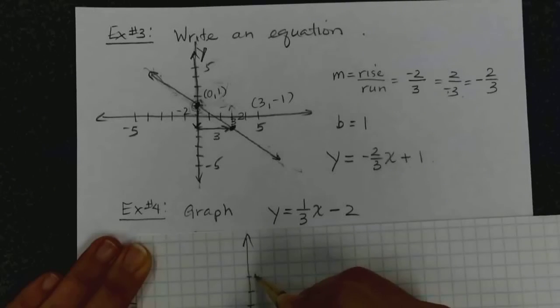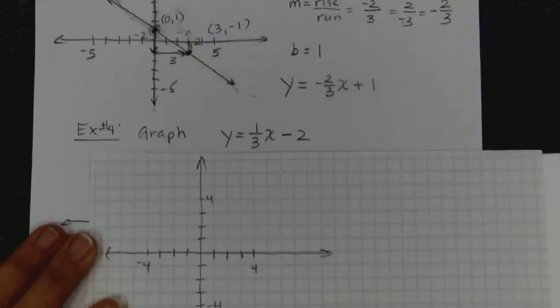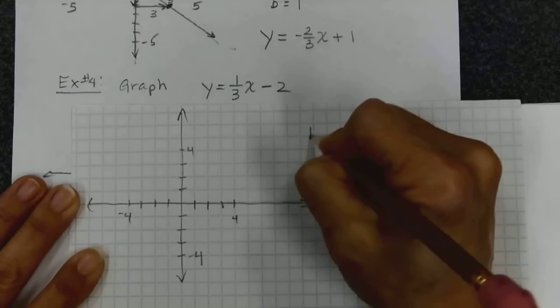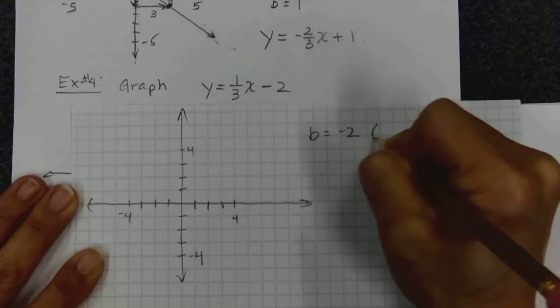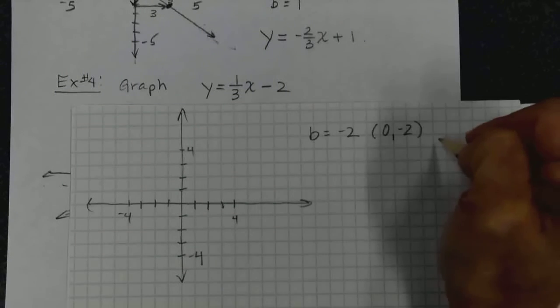My y-intercept is at negative 2, so we're going to start at (0, negative 2) with that point.